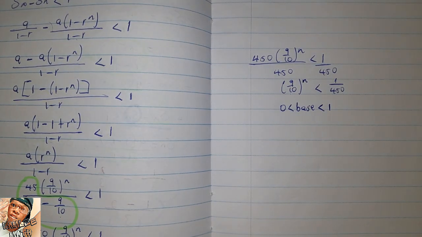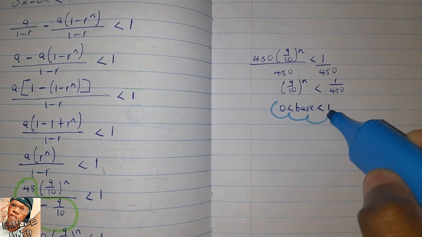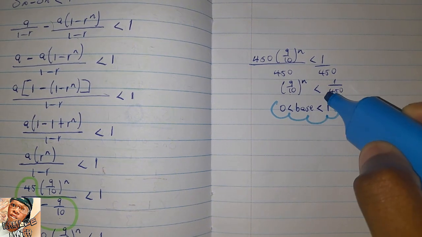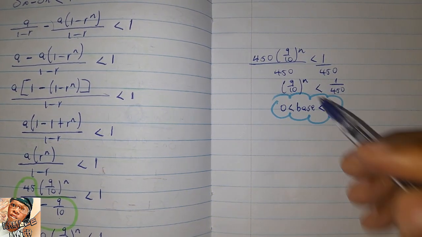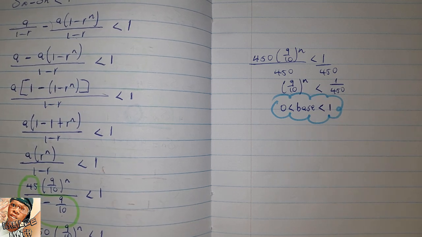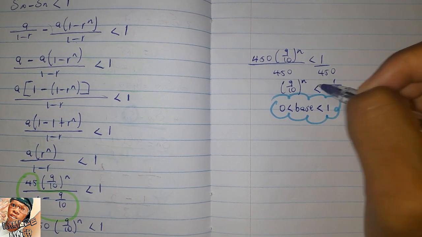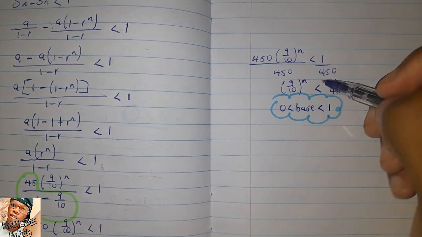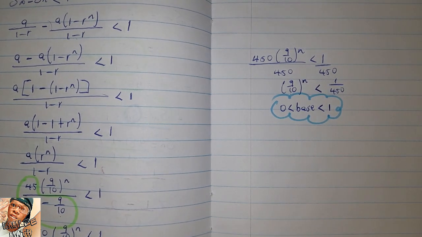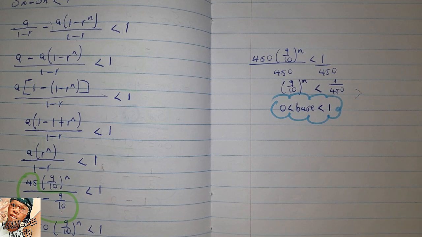It is greater than 0, however it is less than 1. If this is the case, that means that when we include the logarithm rule or law, the direction of the inequality sign is going to change. Because now it is less than, it's going to change to being bigger than.